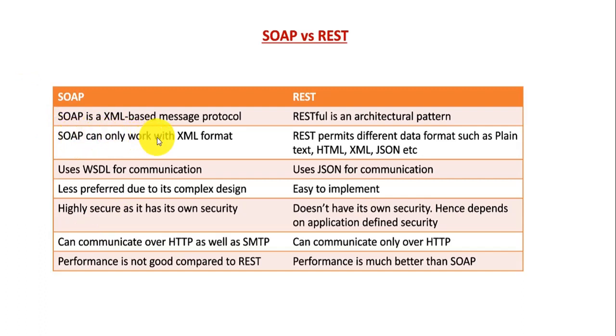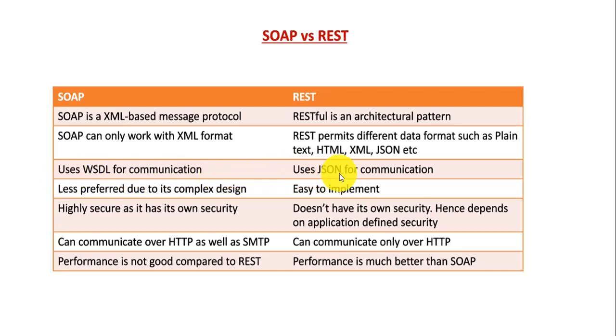SOAP can work only with XML format, whereas REST permits types like plain text, HTML, XML, and JSON, etc. SOAP uses WSDL for communication, which is Web Service Definition Language, which we actually define in the XML format.